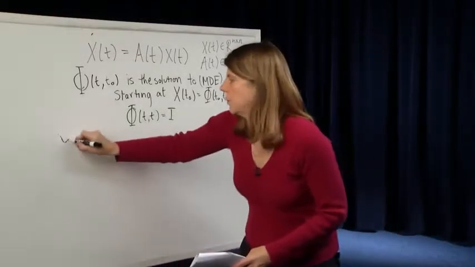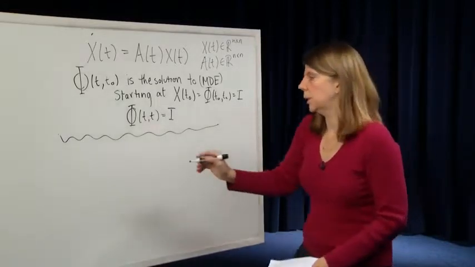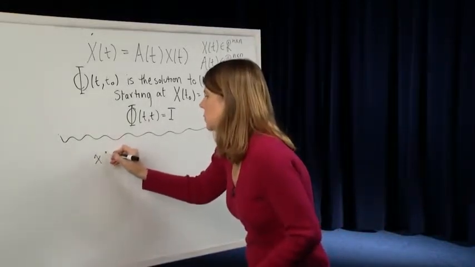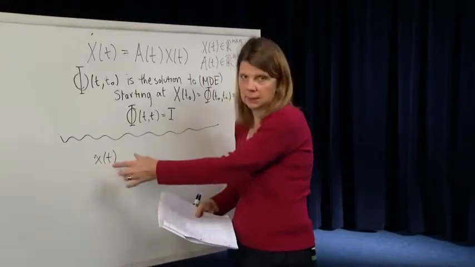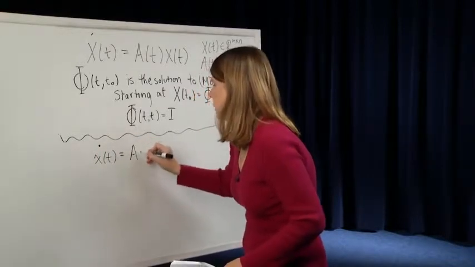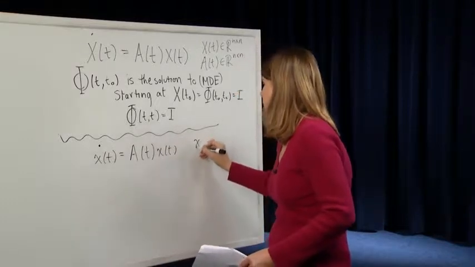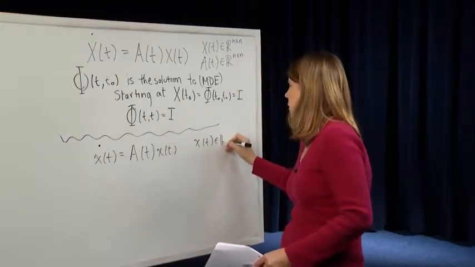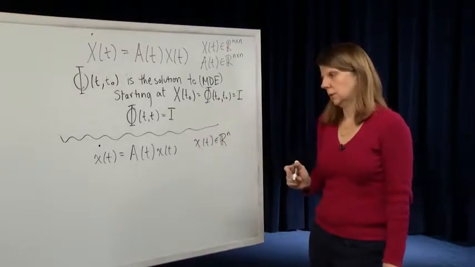And we showed last day a few properties of the state transition matrix. In particular, we showed that if we go back to the vector differential equation, so now this x is meant to be little x, a vector in Rn, and A of t is the same n by n matrix that we've been looking at.